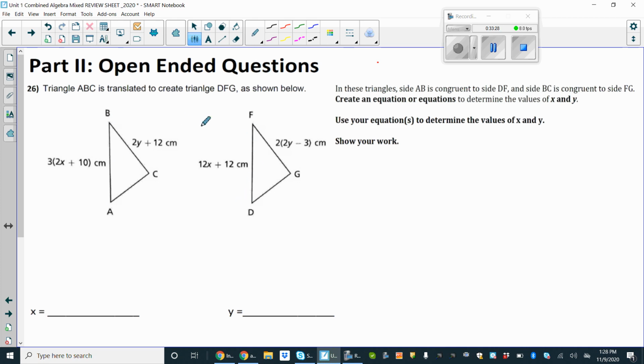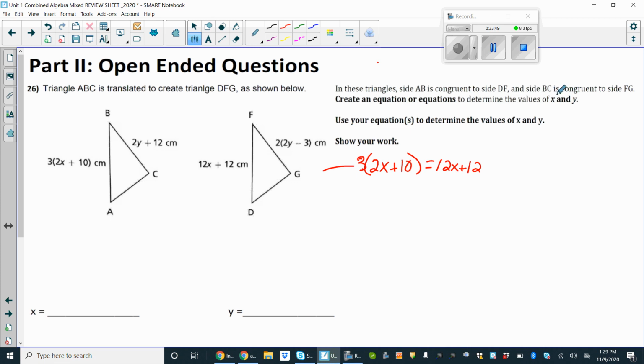So that means that they are equal to each other. So we are going to create an equation for those two sides in order to solve for the missing variable x. So we have 3 times 2x plus 10 equals 12x plus 12.